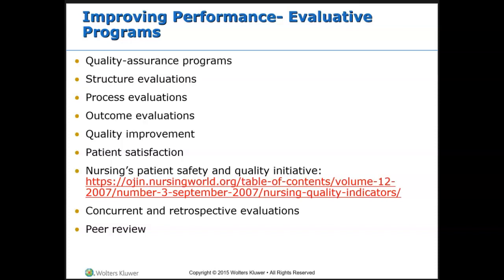A structural evaluation focuses on the environment of care. This could be the facility, maybe the equipment, maybe organizational policies and procedures, or the fiscal and personal resources. It focuses on all of that, right? A process evaluation looks at the nurses carrying out the nursing process correctly and effectively. Outcome evaluation looks at the patient's outcomes after nursing care has been delivered.